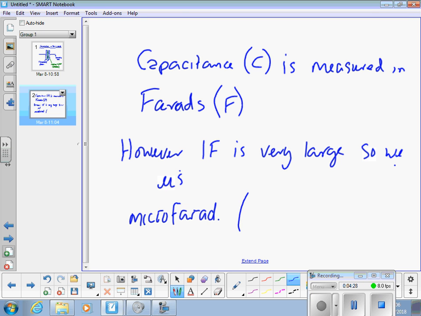Symbol, Greek letter mu, F, or 10 to the minus 6 farads. So 1 microfarad, 1 times 10 to the minus 6 farads, or a millionth of a farad.